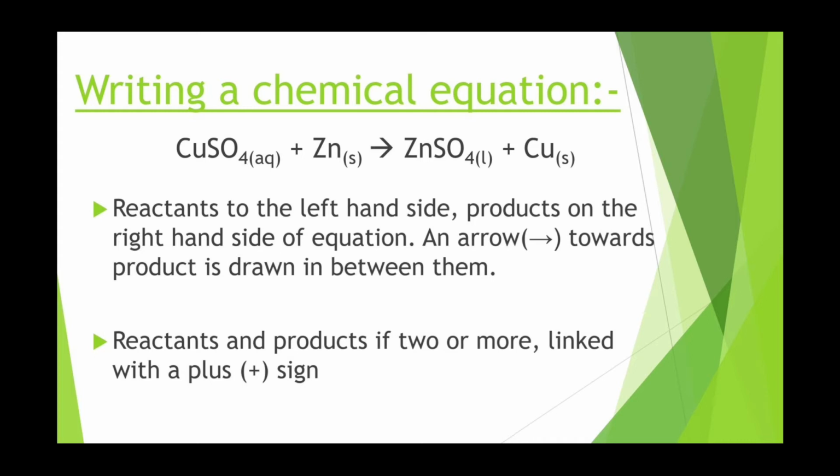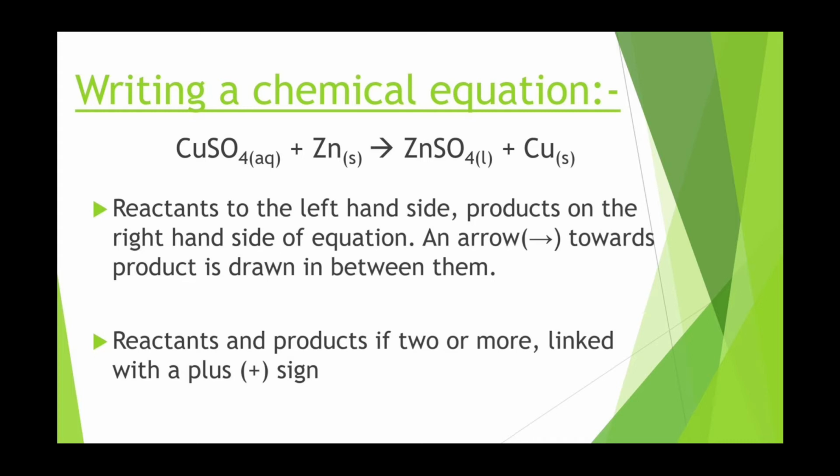Reactants are always written on the left hand side of the equation, while zinc sulfate and copper are the products which are formed in the chemical reaction. These products are always written on the right hand side of the equation.